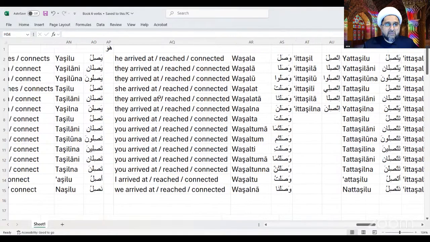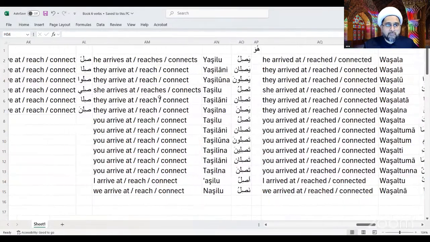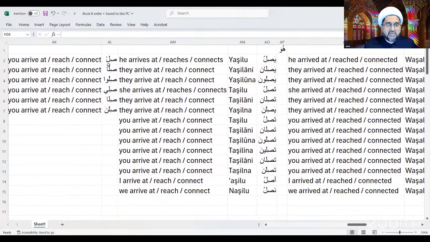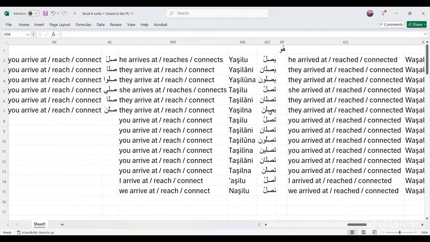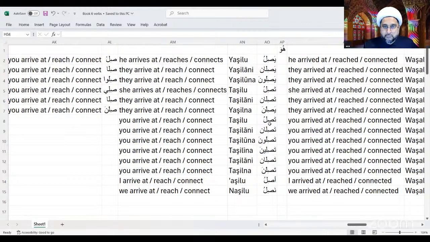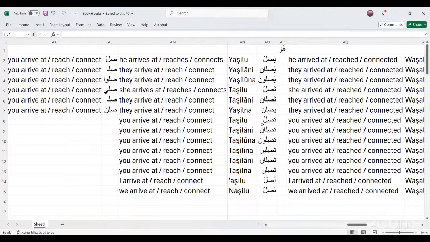And then the command for wasala yasilu. Anta tasilu, you drop the ta, and the waw which is dropped in the present tense remains dropped and is not brought into the command. So drop the ta, make the last letter silent, and the command for reach is sil.